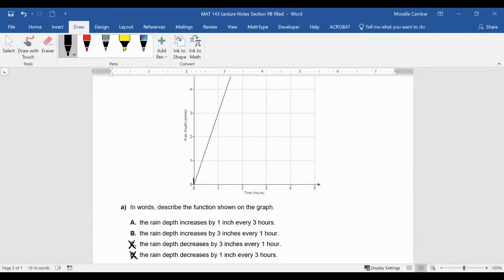That would mean it goes up 1 and over 3, and the point would have to be here. But that's not how it works, right? So we know it's not that one, so it should be this one. It increases 3, so from 0 we go up 3 inches every 1 hour. So 1 hour is over here, and we are back on the graph, so that one is correct.